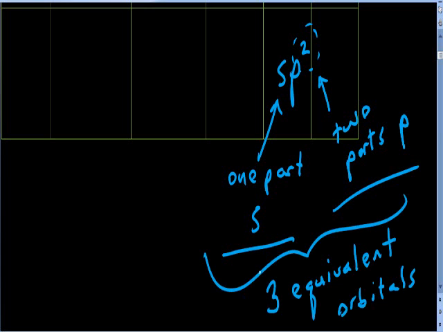When hybridized, that creates 3 equivalent orbitals which we'll need for creating our molecule.